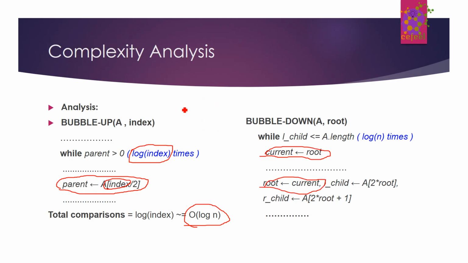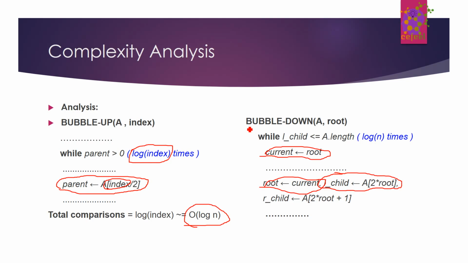After current points to one of the children, the left child is again assigned to the child of the root. So we are essentially traversing down the binary heap, and it ends when the element has been positioned in its place.